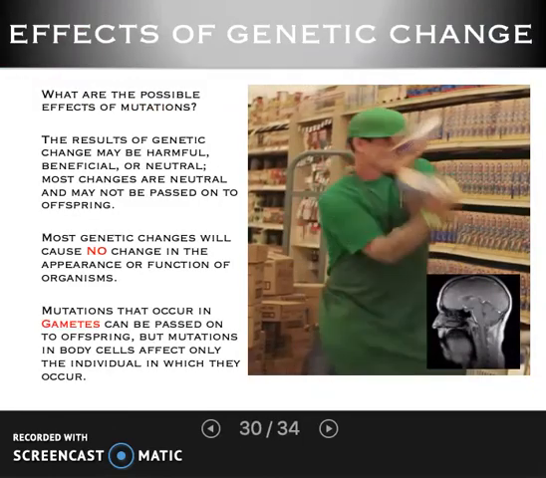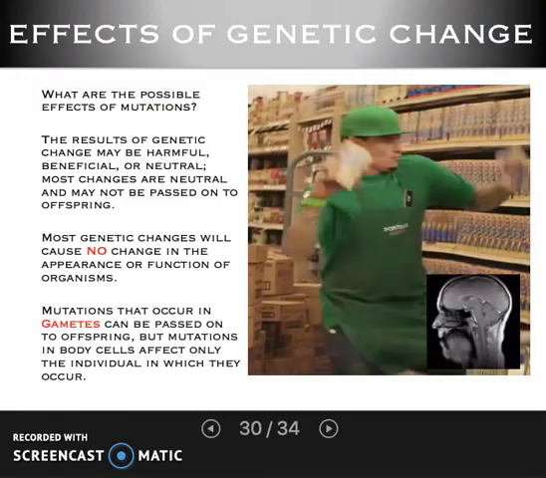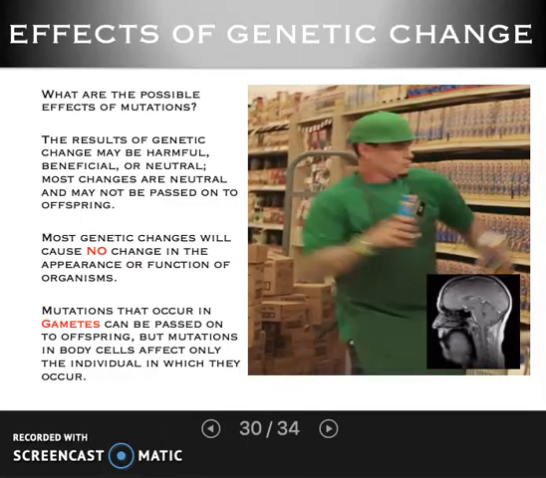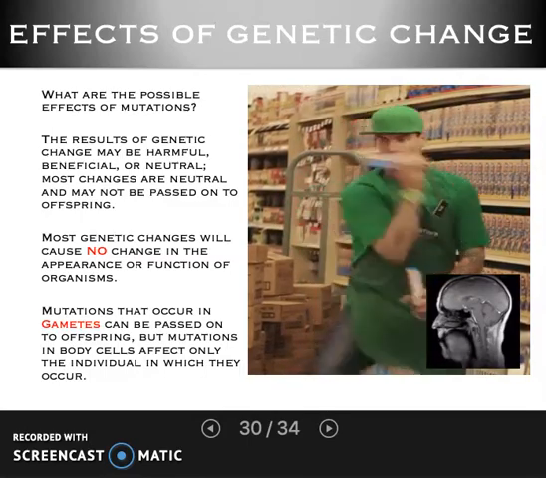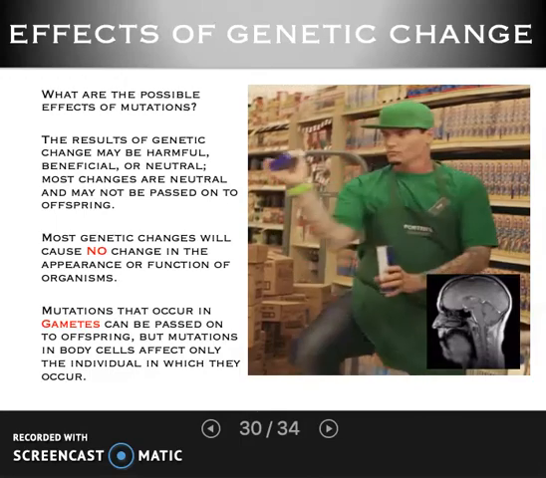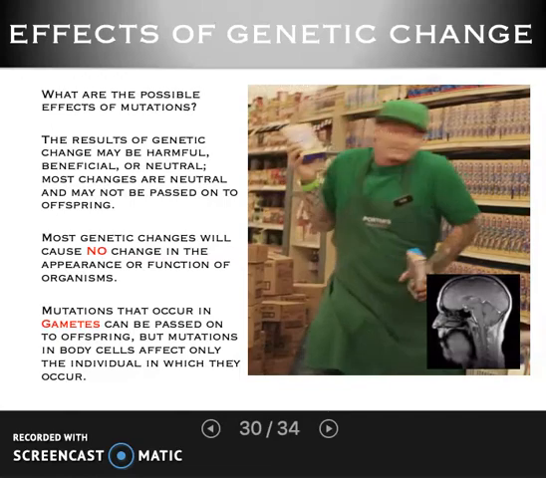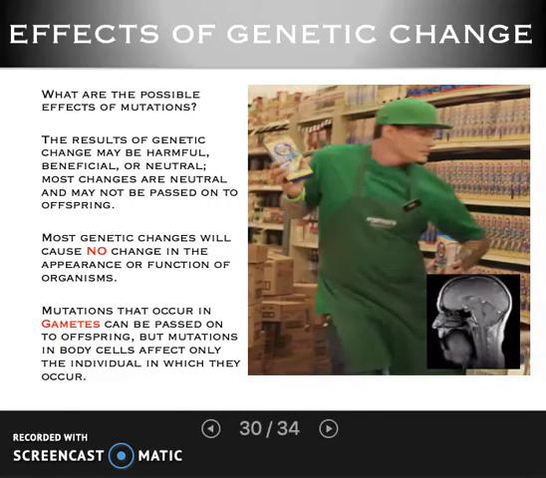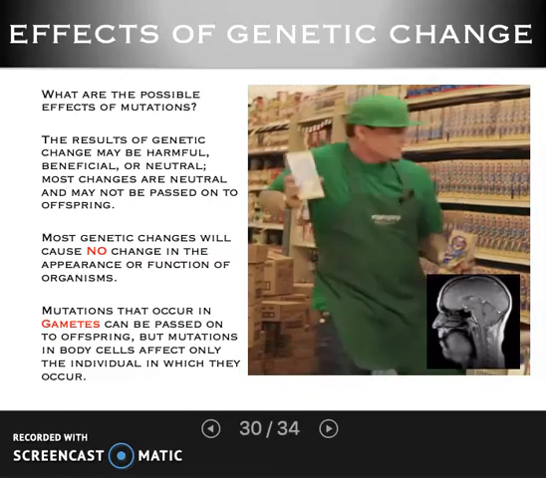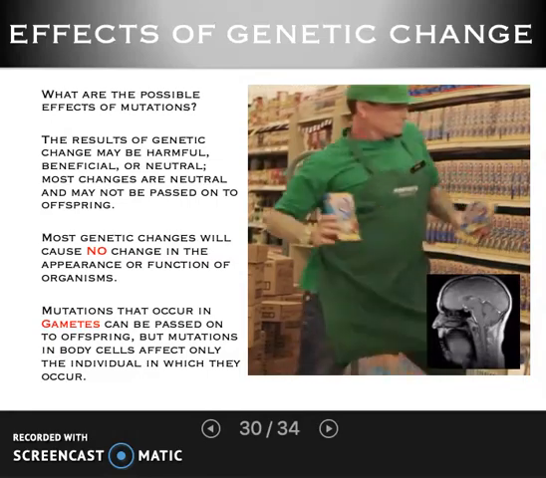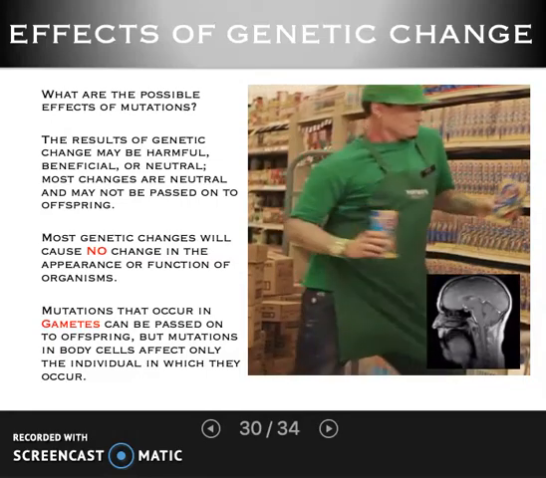So we have all kinds of effects of genetic changes, right? Sometimes mutations can have no effect, right? In the case of a point silent mutation. Sometimes they can have effects that are benign, all right? I can change an amino acid, but it doesn't really affect the protein. Maybe it makes it slightly more or less effective.